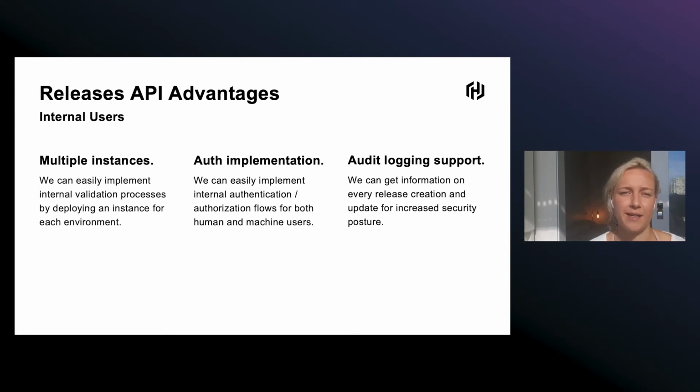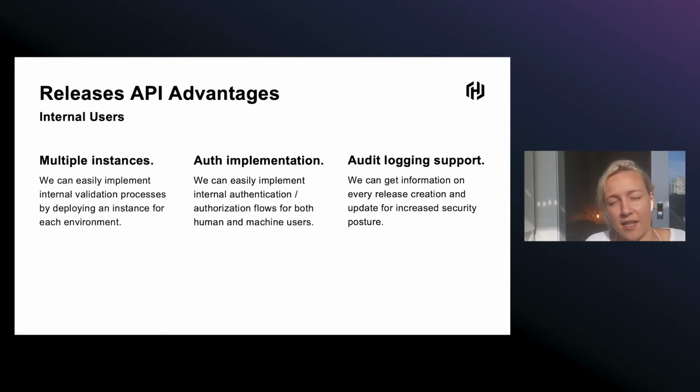We can put releases that we intend to publish in this environment and they can be validated. Then we can have another environment with a different instance of the service, which is production, and that can provide all of the release metadata for any user to grab.